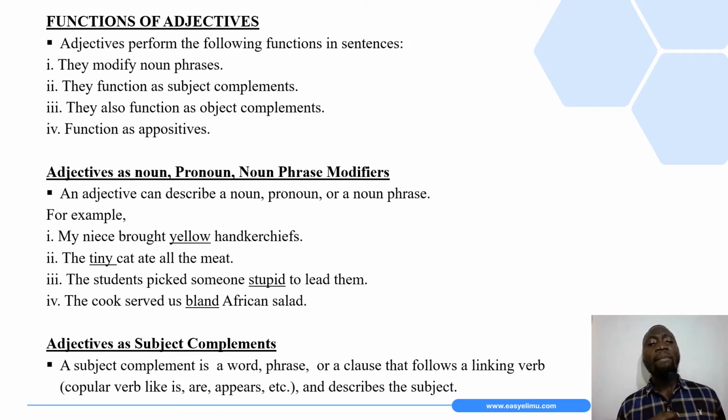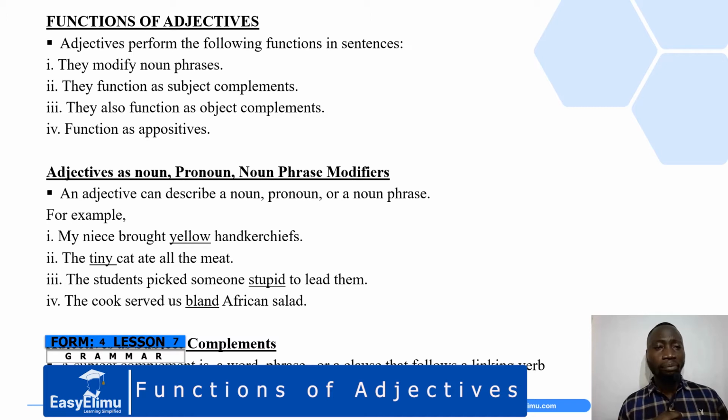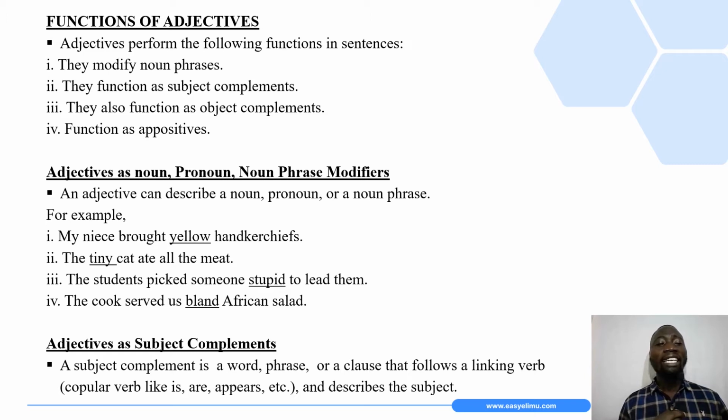Some of the functions that adjectives perform in sentences include: number one, adjectives modify noun phrases. Number two, adjectives function as subject complements. Number three, they also function as object complements. And lastly, we also have adjectives functioning as appositives.